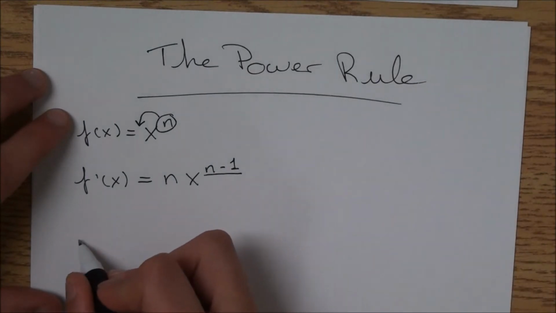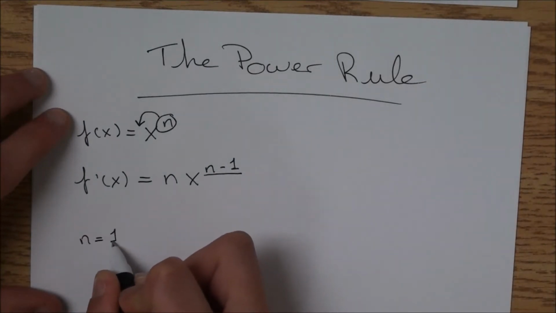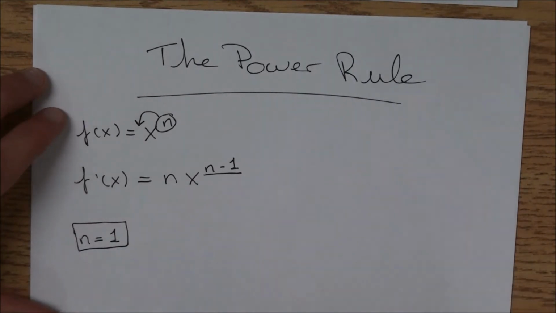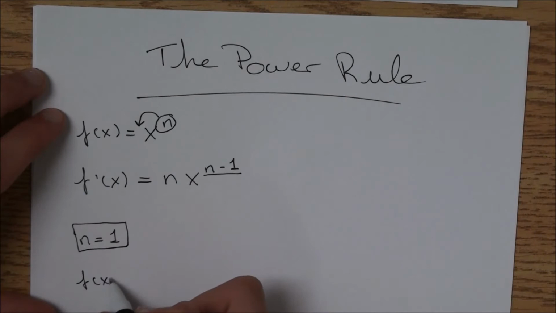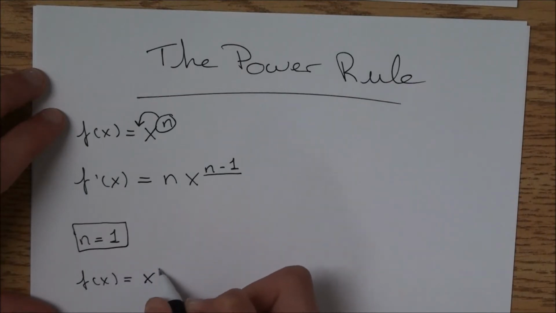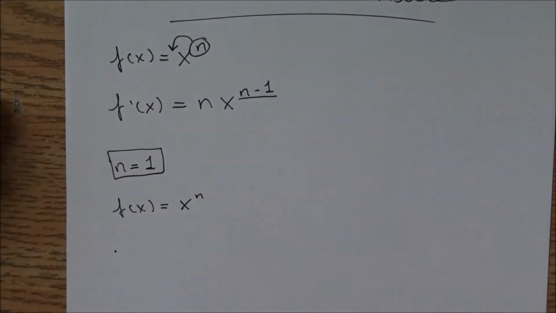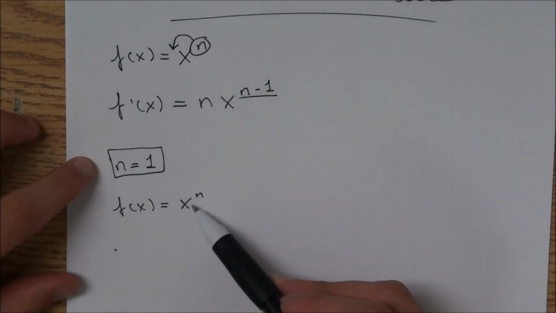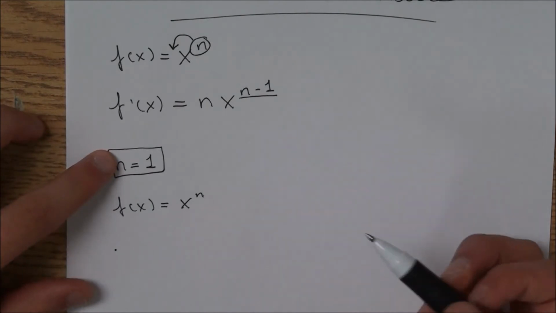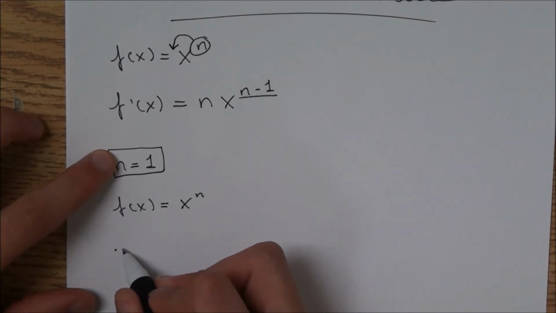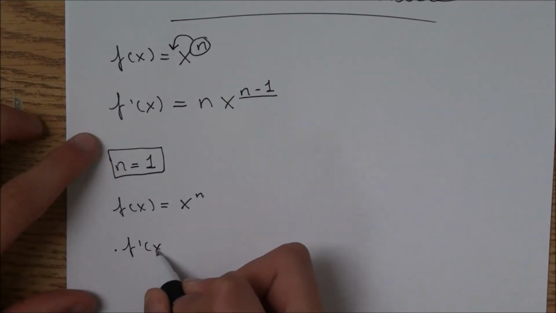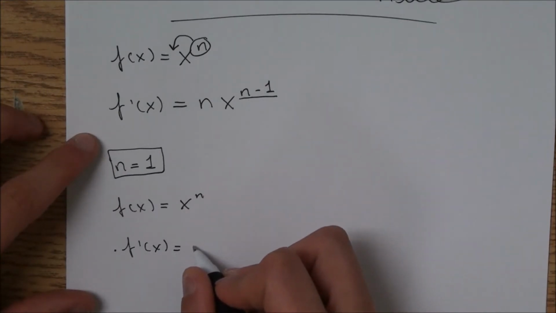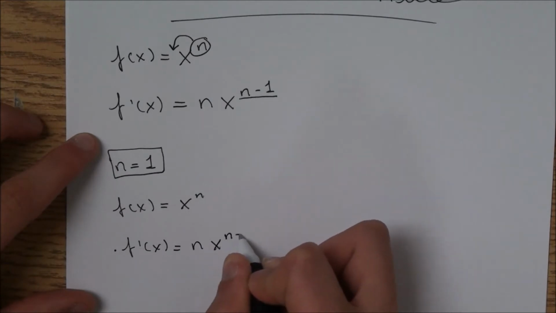For example, when n is equal to 1, the function is f of x equals x to the n. When we apply the power rule when n equals 1, f prime of x becomes n x to the n minus 1.